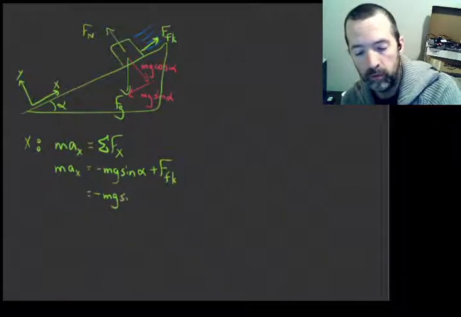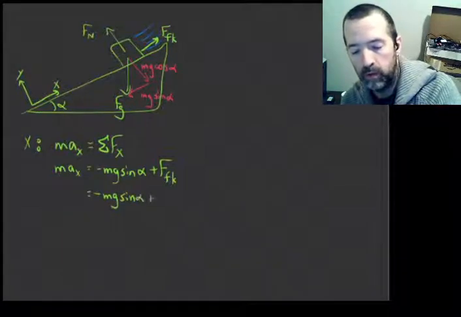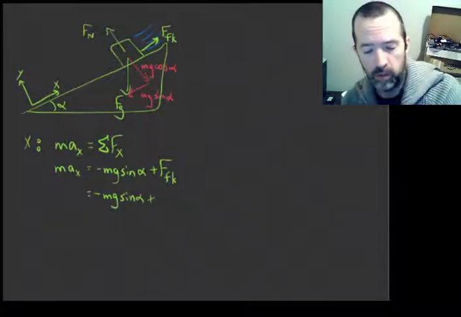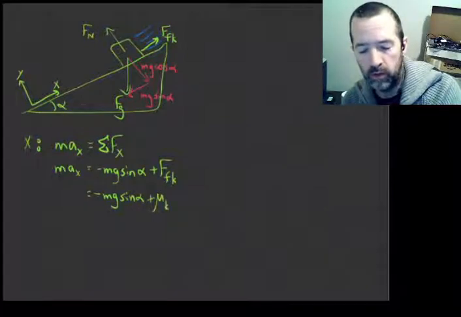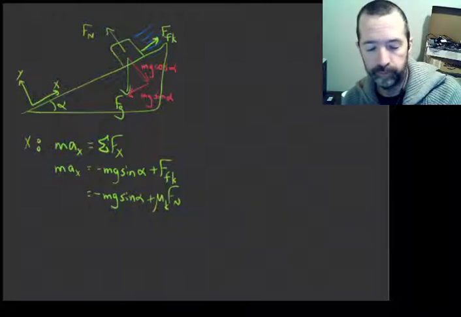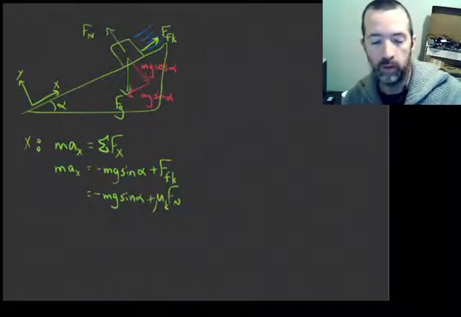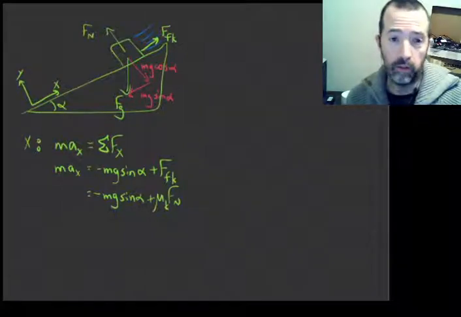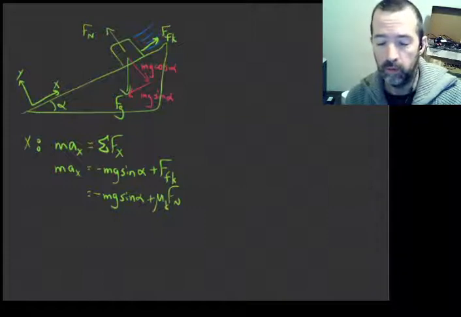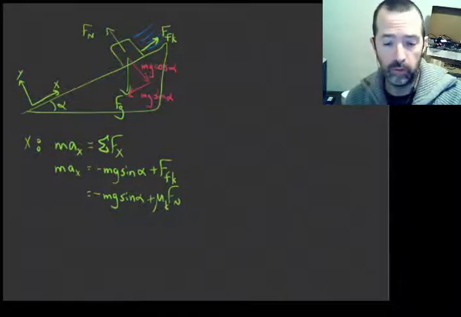And force of friction has a magic formula. The magic formula for kinetic friction is mu k times Fn. So if I want to find the acceleration, I would just need to know what the normal force is.